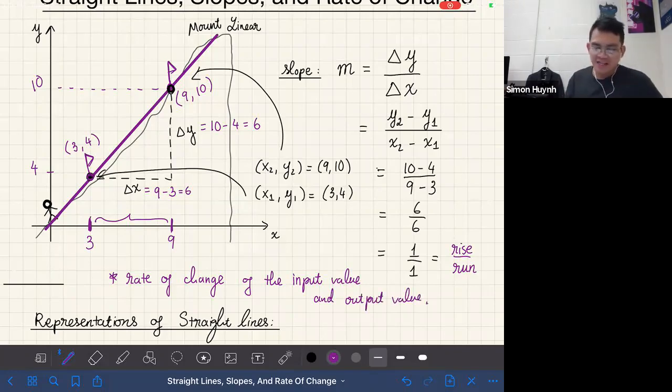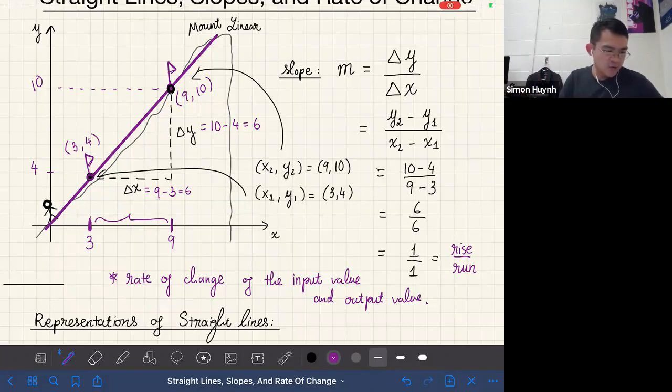What this means is that when you change 1 unit in the input, in the x direction, the slope tells you how much you will have to change in the output direction, the y direction in this case.